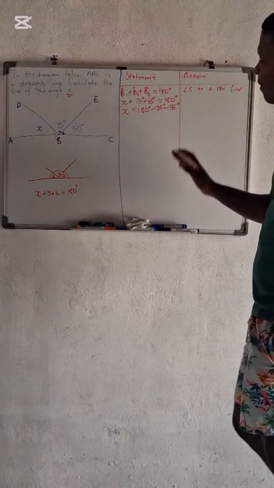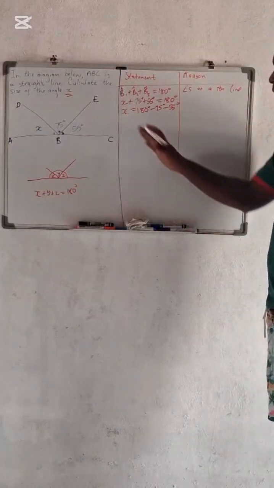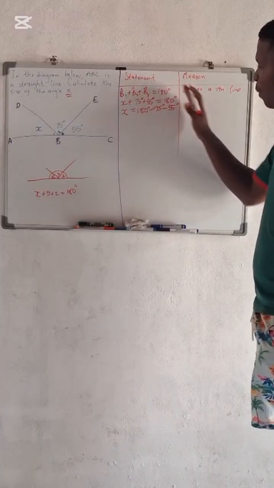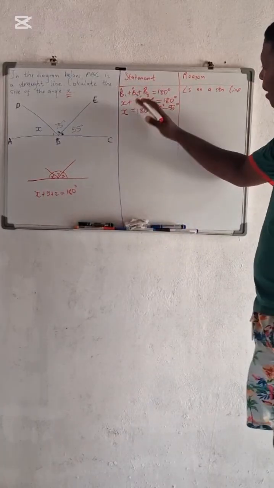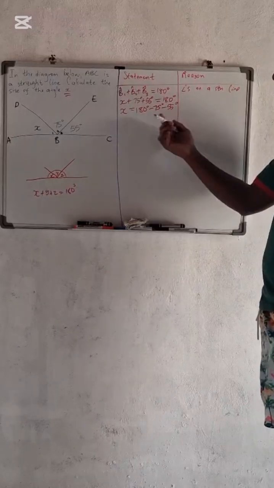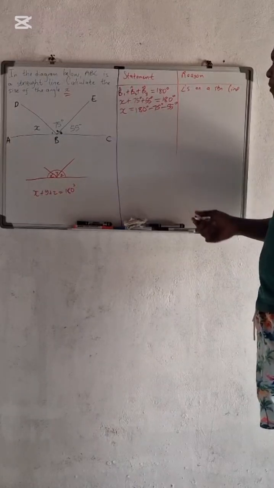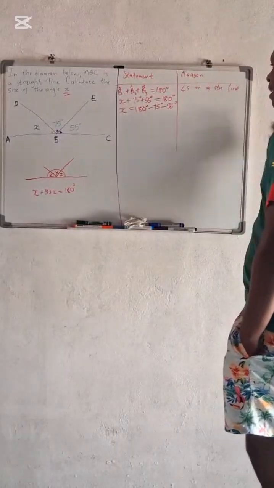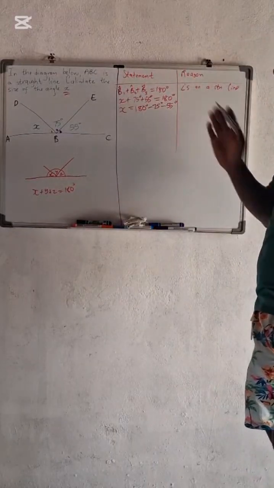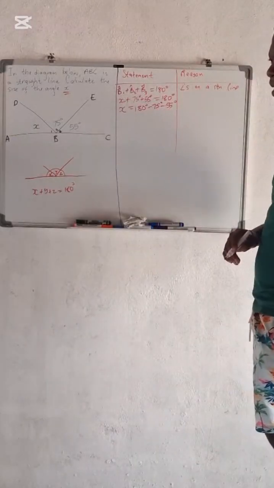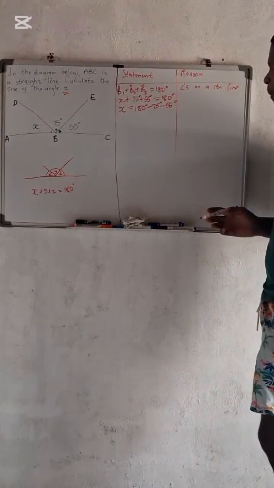Now, we have done a very important job, and you call all this additive inverse. Once we transpose these values, the numbers to the right, we applied additive inverse. Just that we're in grade 9 now, we don't have to say plus 75 minus 75 and then minus 75 on the other side again. We don't do that now. Now we just take this number to the other side, we change the sign. That is additive inverse.